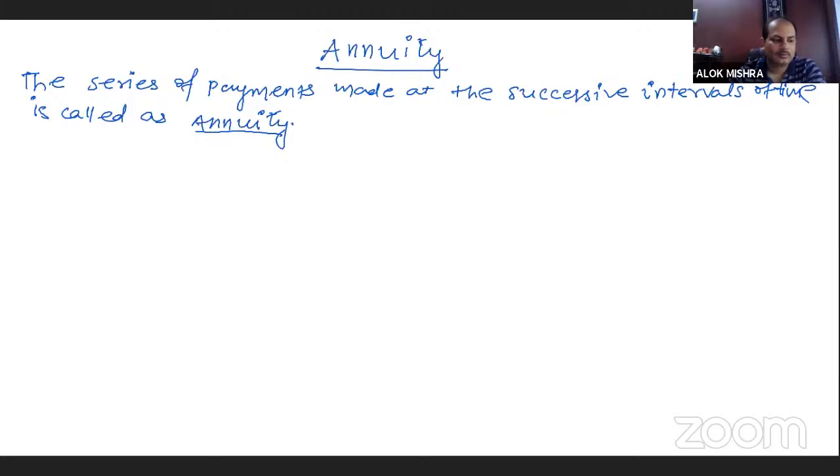Now there is something more. Because I'm talking about the terms, all the keywords, because these keywords can be asked for your C1 as well. Normally it is asked.